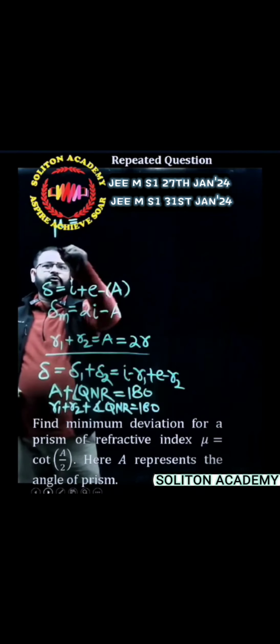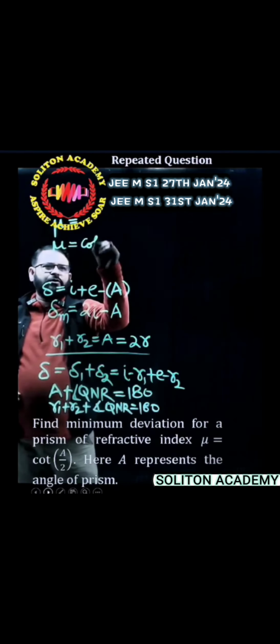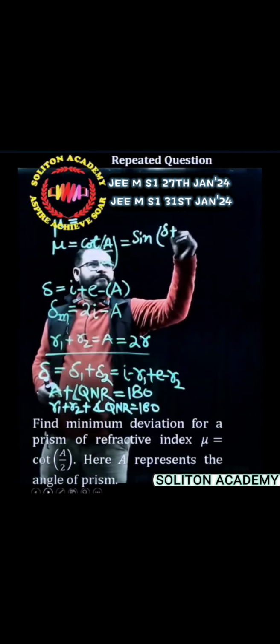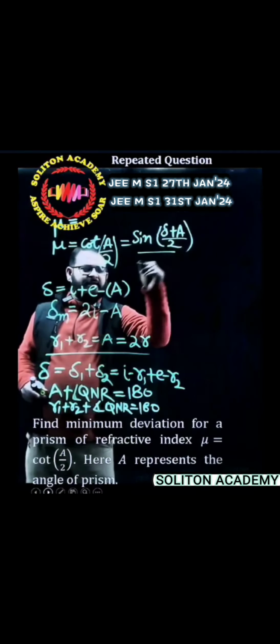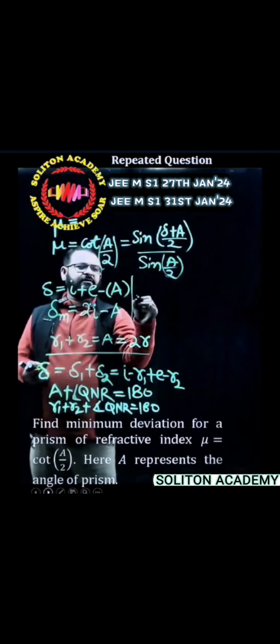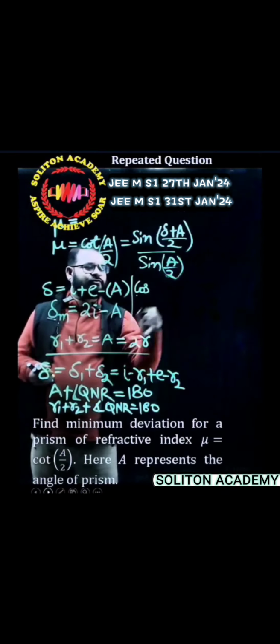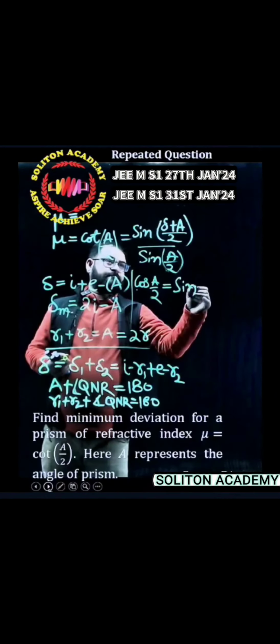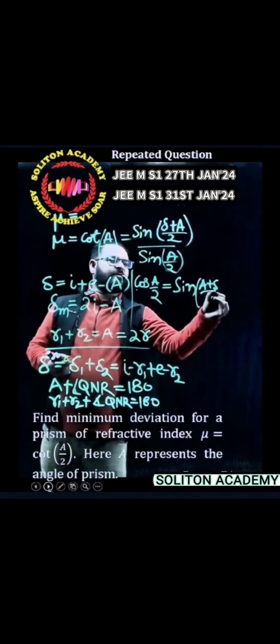And finally we can write mu is equal to cot A by 2, and mu is sine i by sine r. Now from this it is very clear the sine terms cancel, so we get cos A by 2 is sine of (A plus delta) by 2.